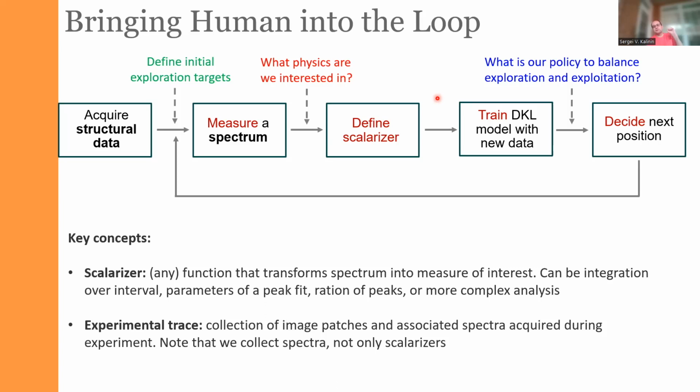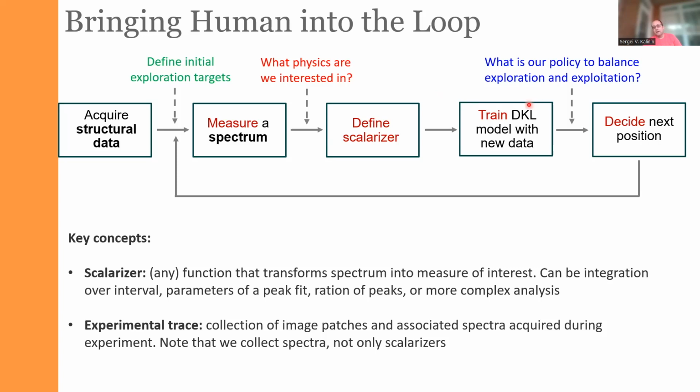So let's say instead of looking at the amplitude of this peak or the ratio between these two peaks, we can look at the ratio between those two peaks. Or instead of using the slope or the second coefficient, we can use the ratio of the second and third coefficient in the power law fit. So either select the scalarizer from the list or tune the parameters of the scalarizer if they're continuous.